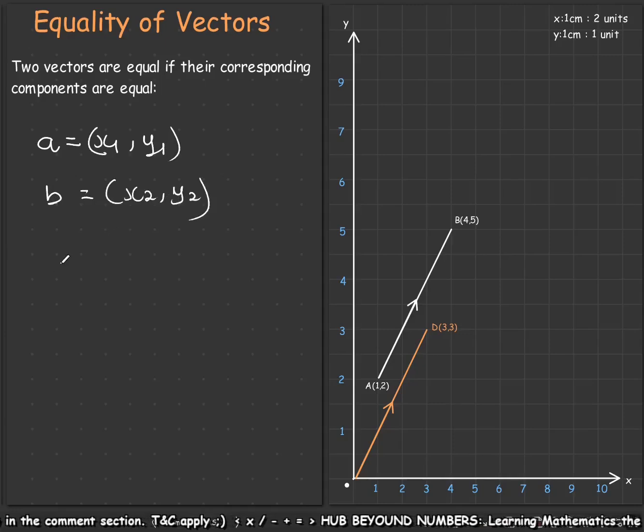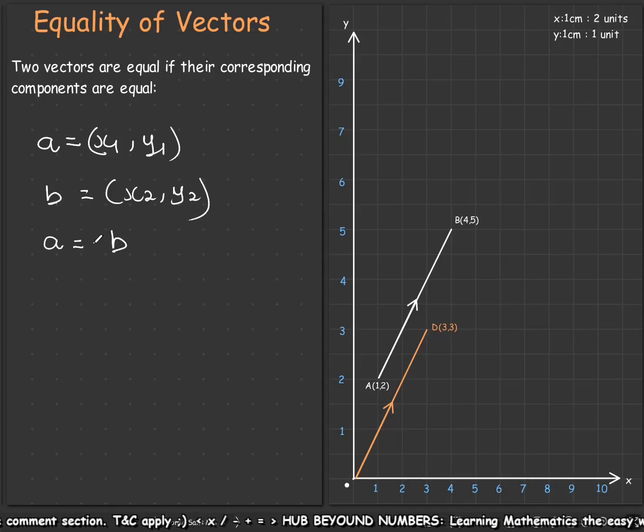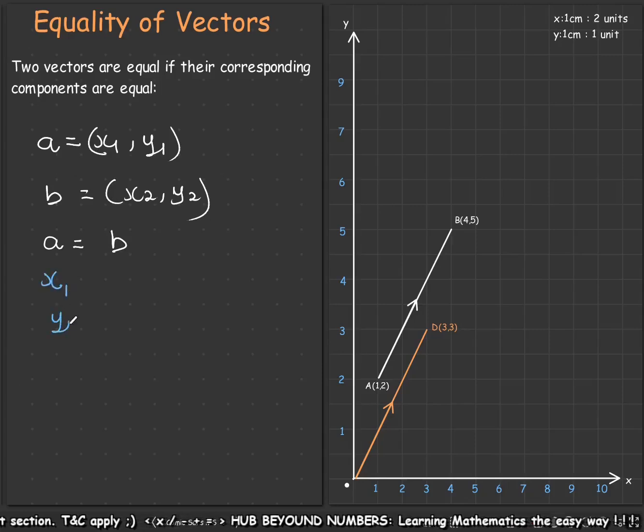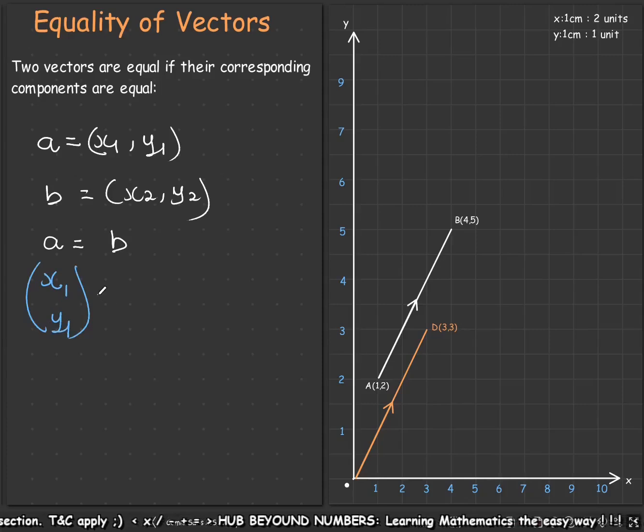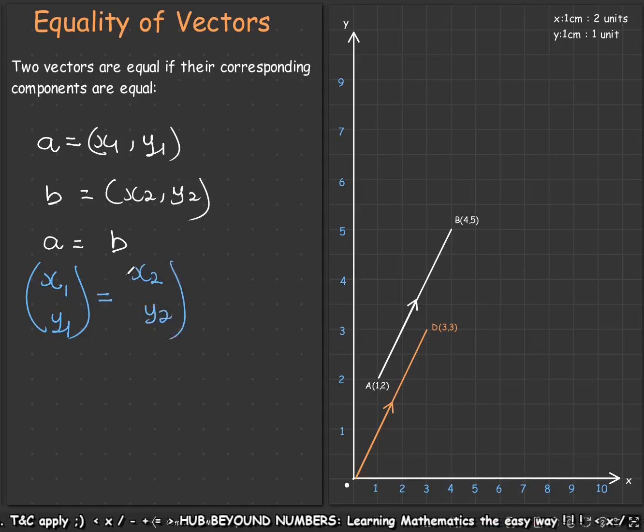If you want to say that position vector A is equal to position vector B, it means A's components x1, y1 are equal to those of B, which is x2, y2. And that is just it.